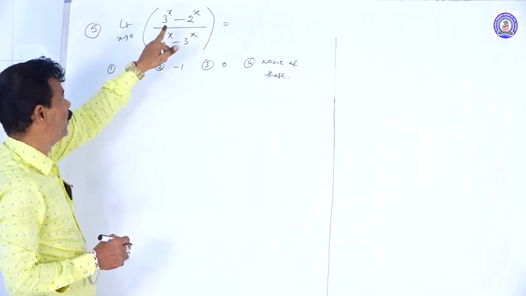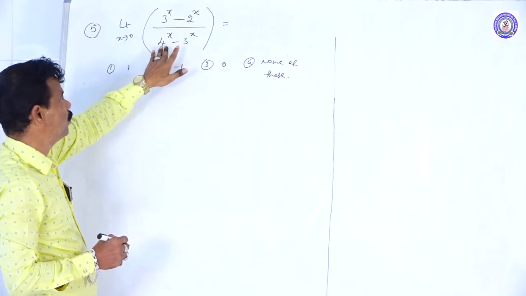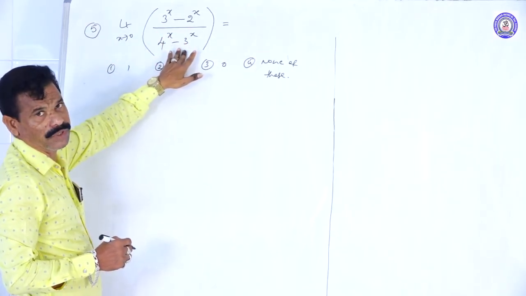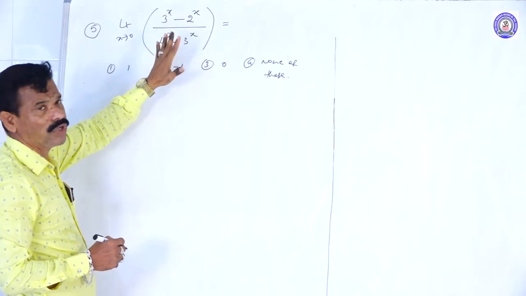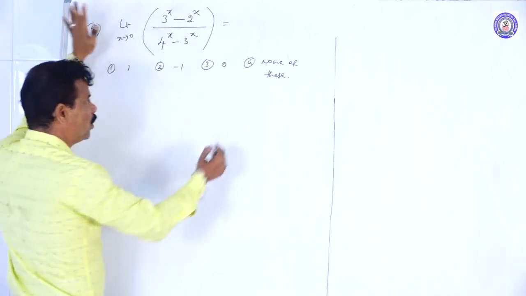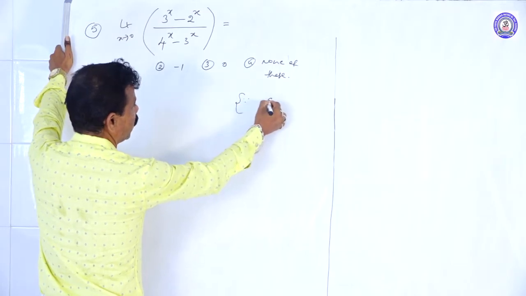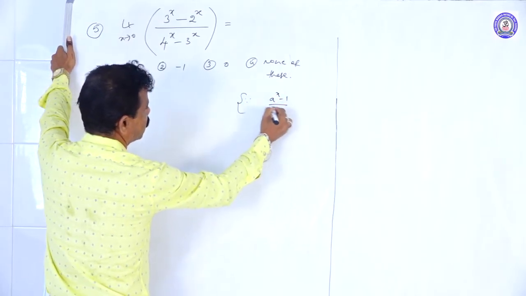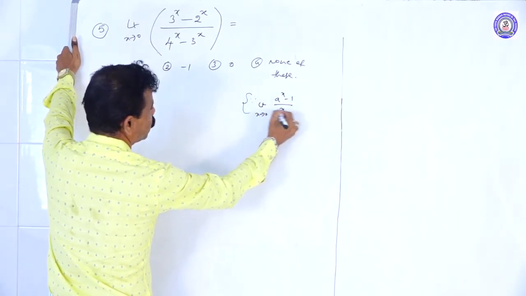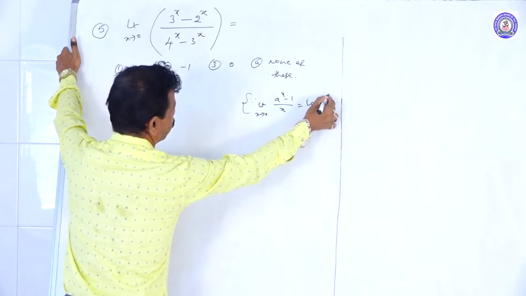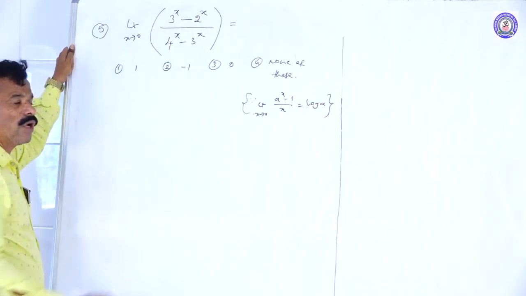Here 3 power of x minus 2 power of x by 4 power of x minus 3 power of x. All in terms of a power of x. We convert to this formula, a power of x minus 1 by x, limit x tends to 0 is equal to log a. We convert all terms to this formula.